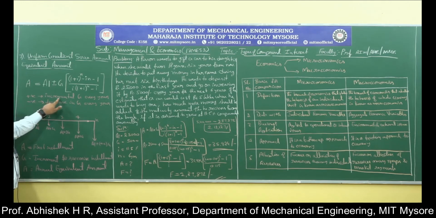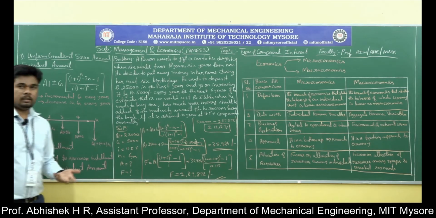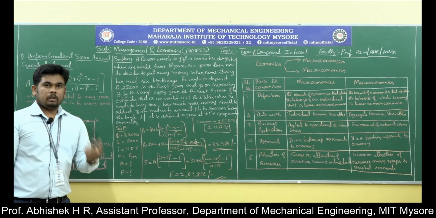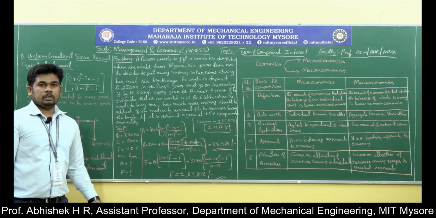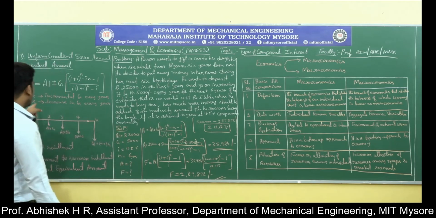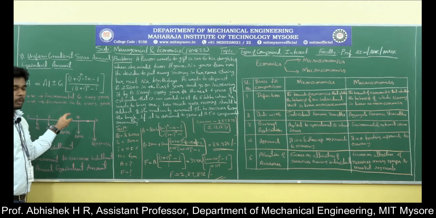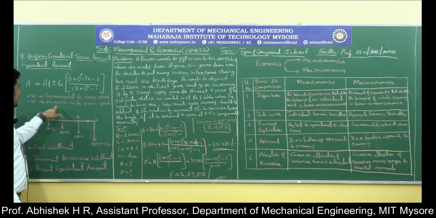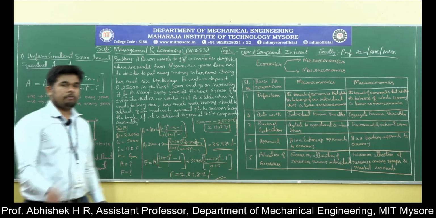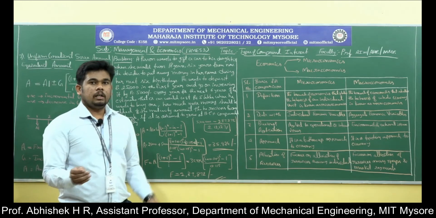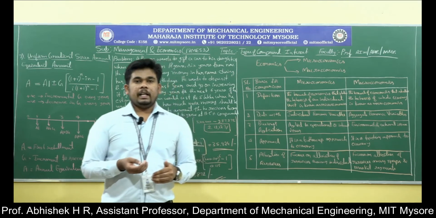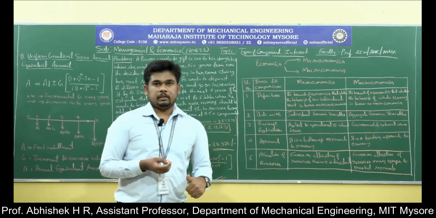Positive means an incremental G every year, that is, I increase the installment by 5,000 or 10,000. So the positive sign indicates an increasing incremental amount. The negative sign indicates a decrease in G every year, which means the gradient amount is going to decrease.